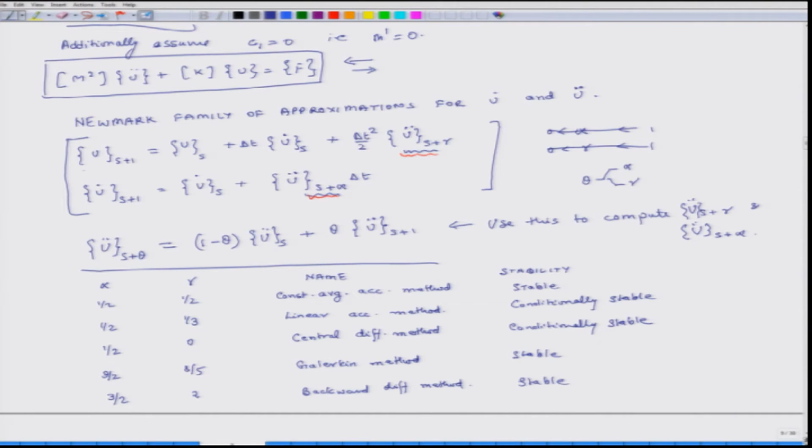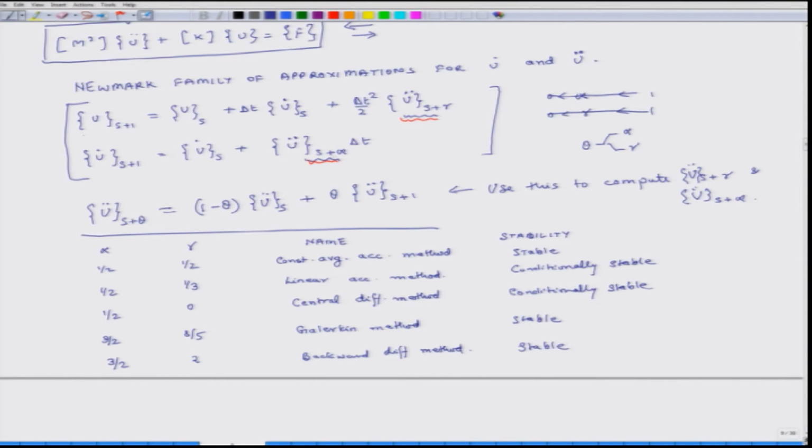Once I do that, I will be able to convert this equation into a set of algebraic equations. While using these, I have to choose an appropriate value of gamma and an appropriate value of alpha, and I have several choices, and out of these 5 choices, 2 are conditionally stable and the remaining 3 are always stable.